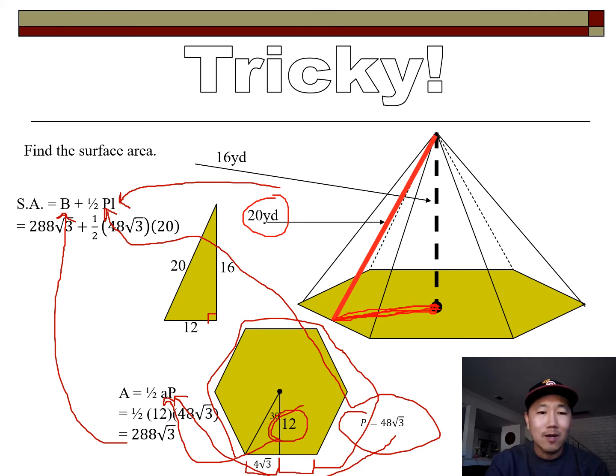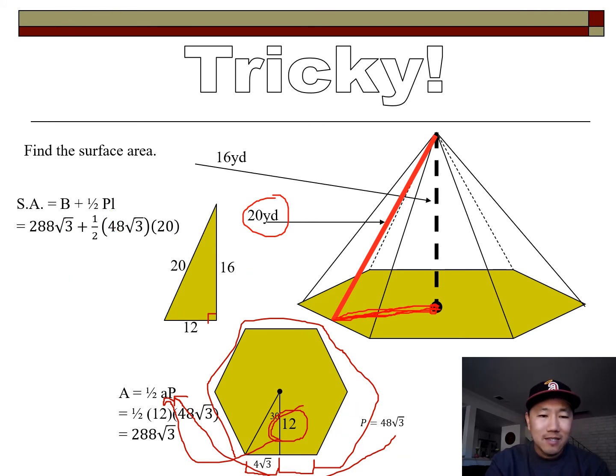Let me erase some of the arrows because that's a lot. Simplify it. What I did was I did the 1/2 times the 48 times the 20. That gives me 480. And then I just combined these two together by adding the outsides. And our final answer is 768 square root of 3 yards squared.